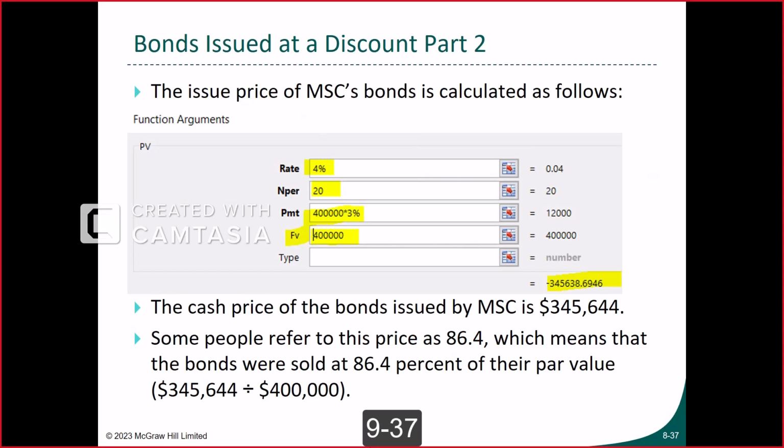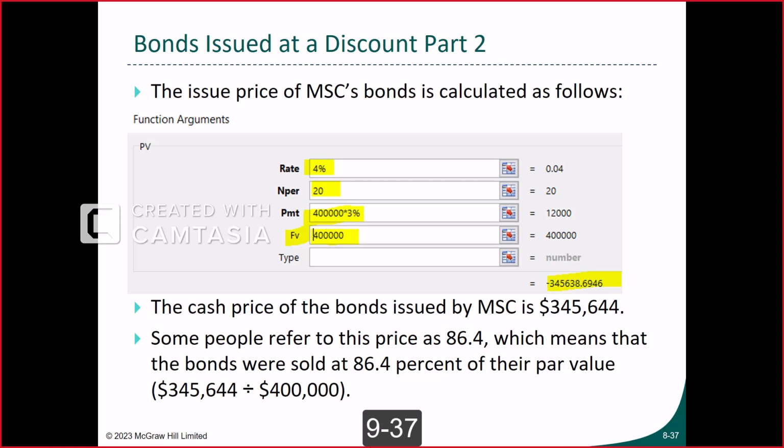What are you going to pay every interest period? At every interest period, I'm going to pay the coupon. What is the dollar amount of the coupon? $400,000, which is the principal, times 3%, which is the coupon rate per period. I am going as an issuer to pay my bondholders $12,000 at every interest period. Right? So that is the regular payment.